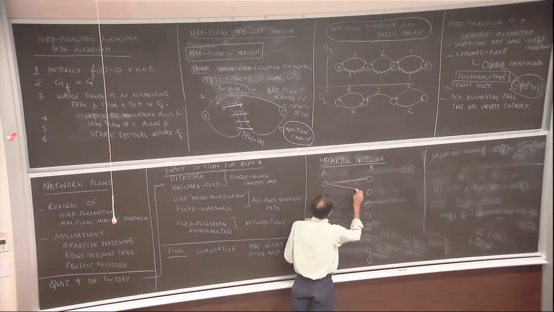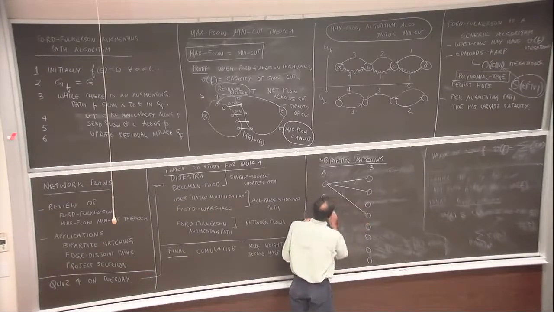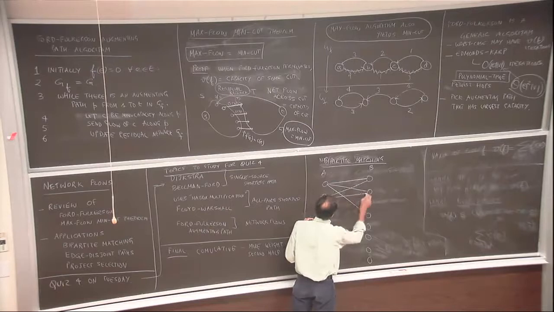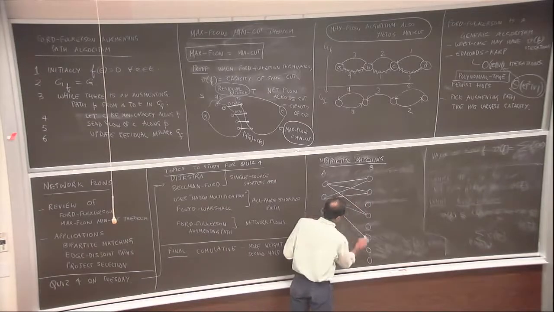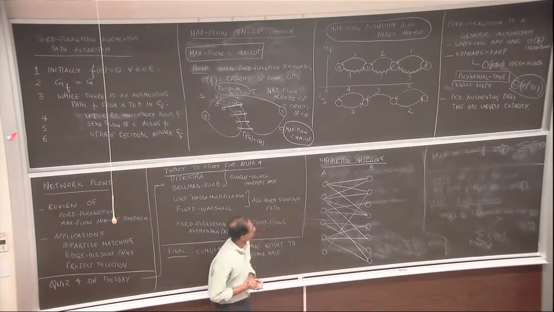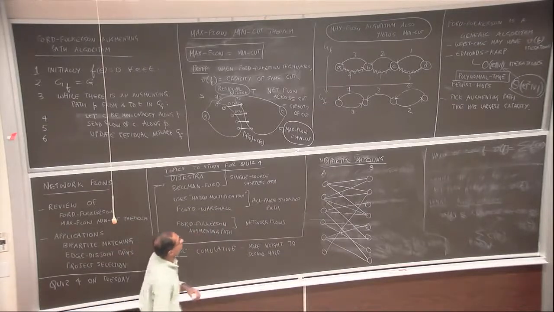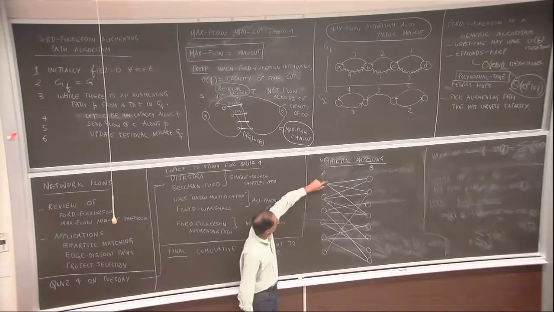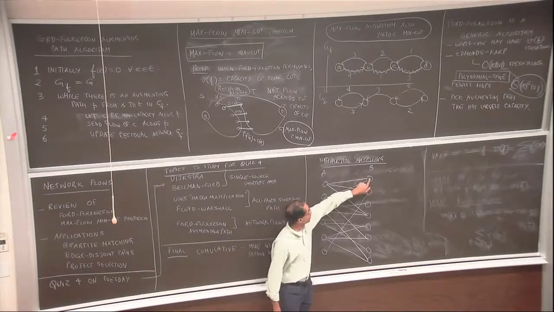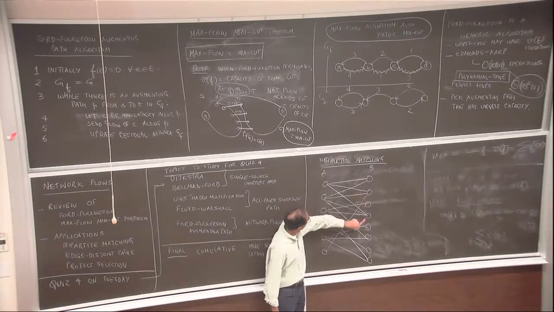Let's say you had edges indicating you are willing to be matched. These edges indicate that this vertex is willing to be matched to this vertex, to this vertex, and to this vertex.